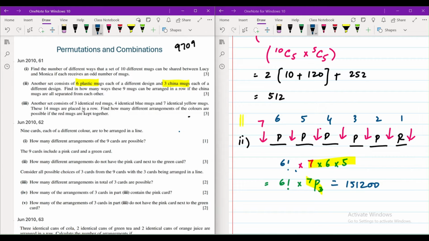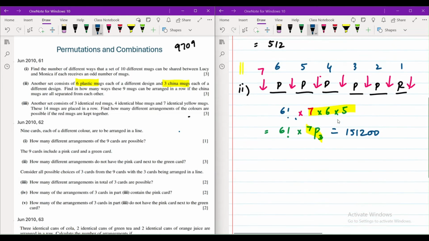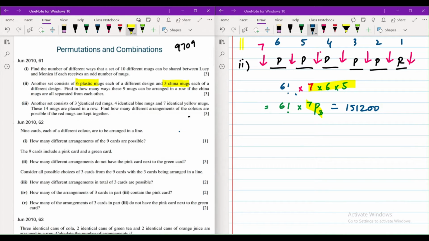Another set consists of 3 identical red mugs, 4 identical blue mugs, and 7 identical yellow mugs. Okay, now we have identical items now. Okay, these 14 mugs are placed in a row. Find how many different arrangements of the colors are possible if the red mugs are kept together.